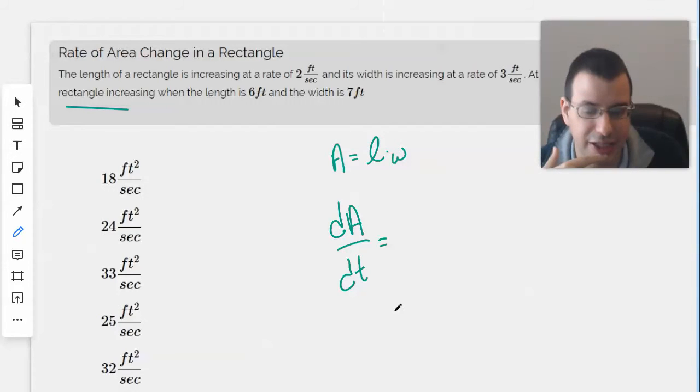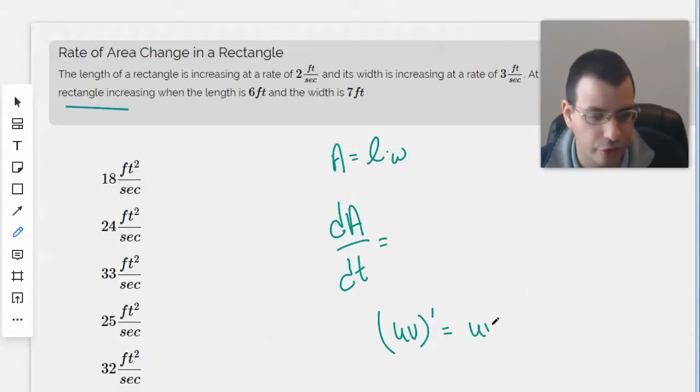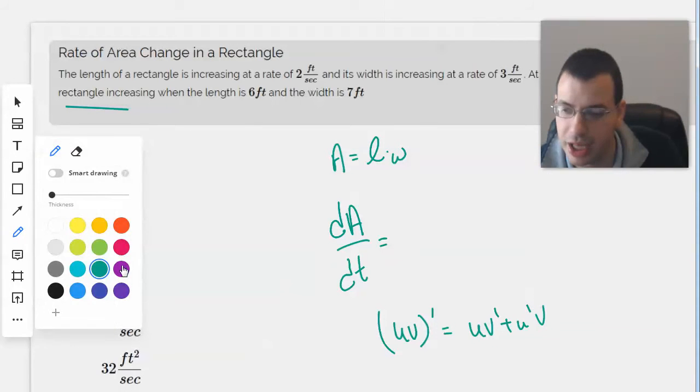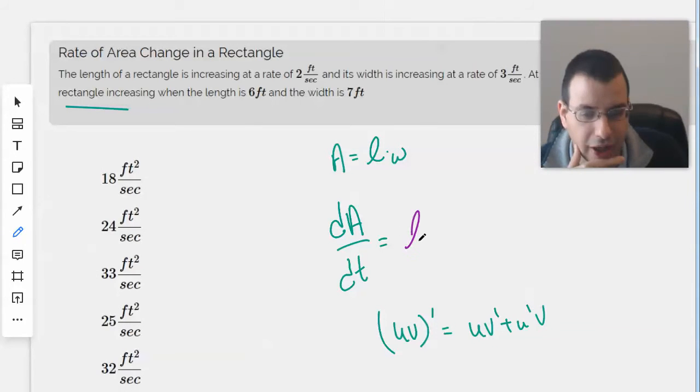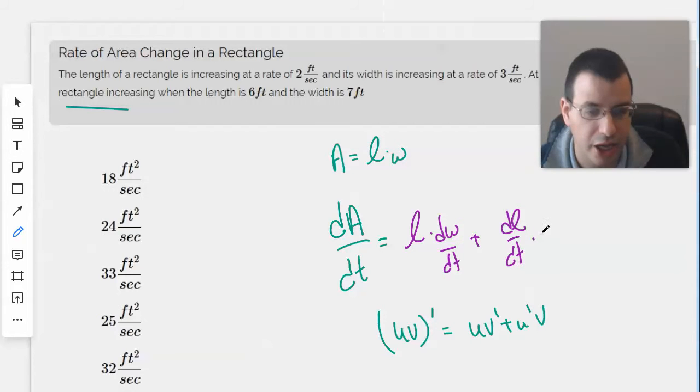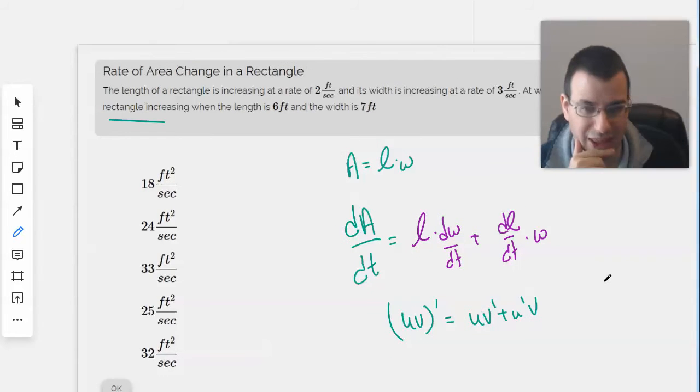And this is the product rule. (UV)' equals UV' plus U'V. So we'll have L dW/dt plus dL/dt times W, where L is length, W is width.